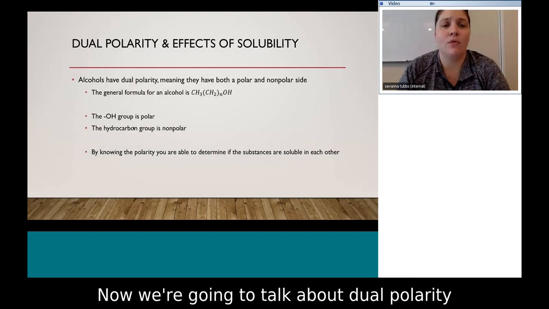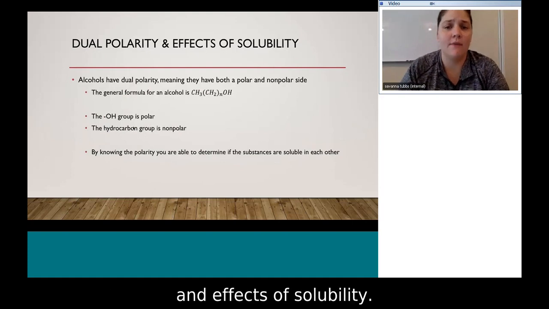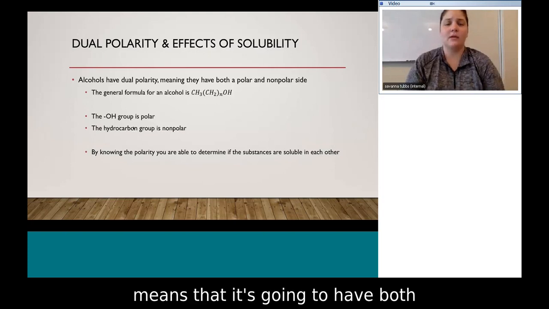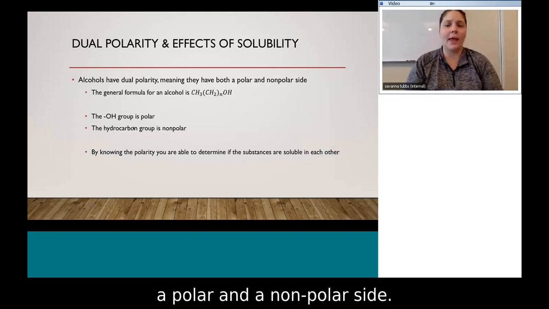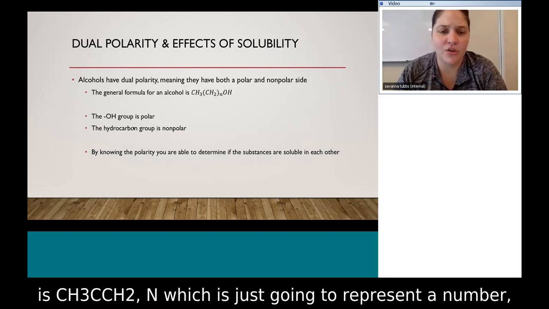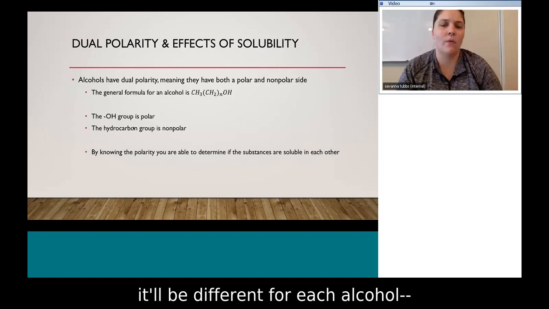Now we're going to talk about dual polarity and effects on solubility. We see dual polarity in alcohols, which means that it's going to have both a polar and a nonpolar side. The general formula of alcohol is CH3(CH2)nOH, where n just represents a number that will be different for each alcohol.